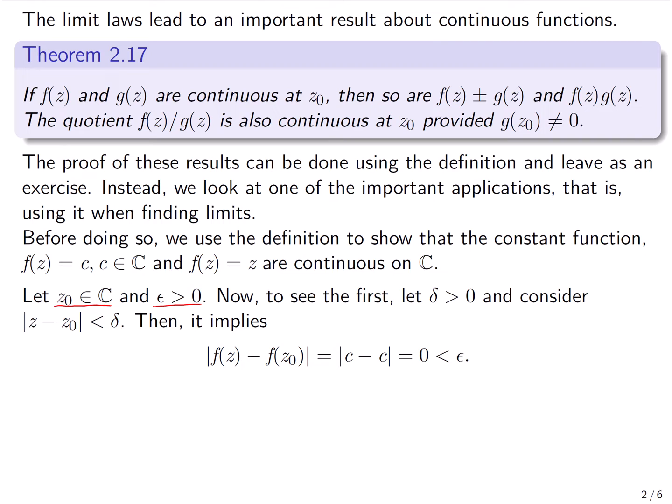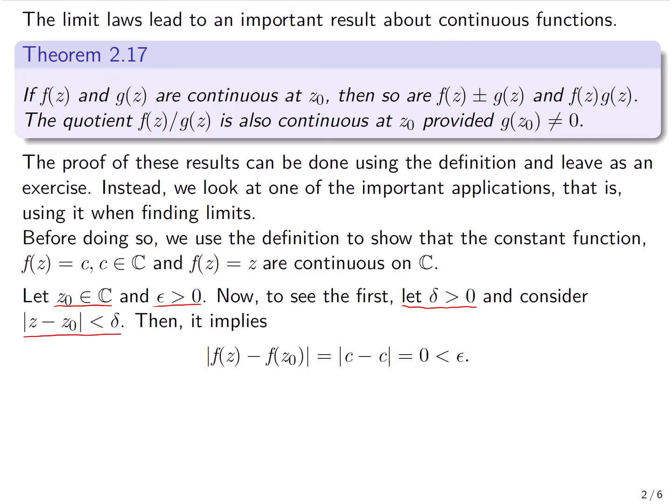Now, to see that the constant function is continuous, we pick any delta. You can see why we can do that. Pick any delta, and then consider the situation where |z - z0| is less than delta.